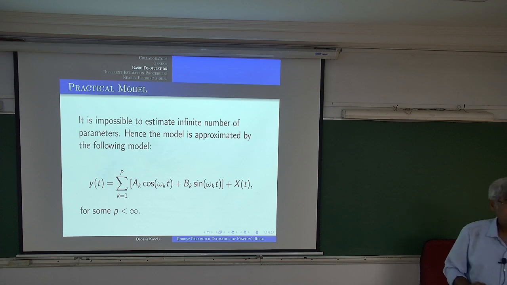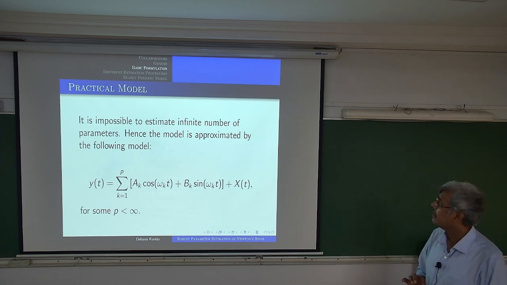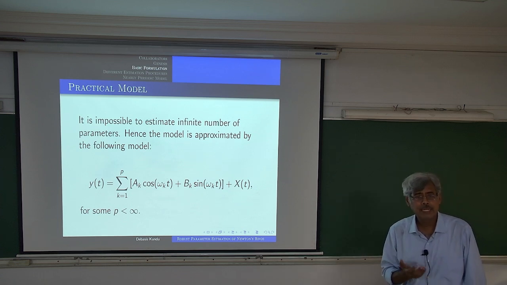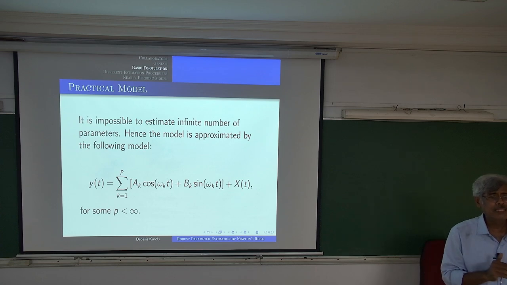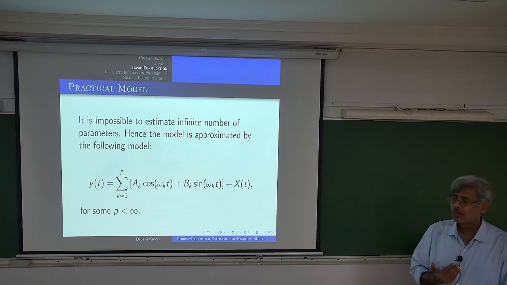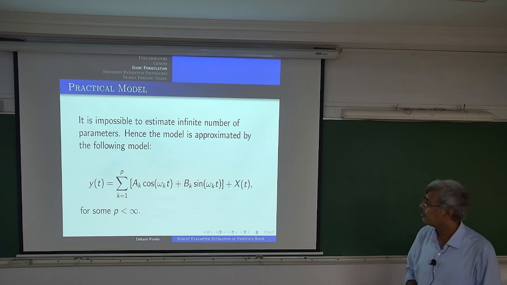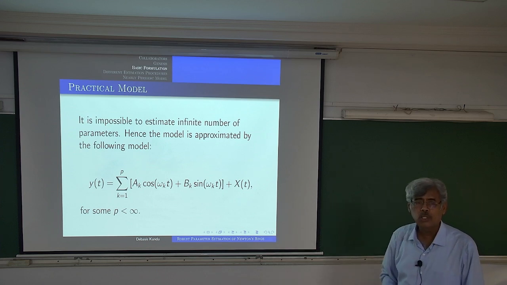Okay. Unfortunately, you have infinitely many parameters in the previous formulation. That's the reason it is very common practice, and it makes sense also, that we truncate it up to a certain point, k is equal to 1 up to p.